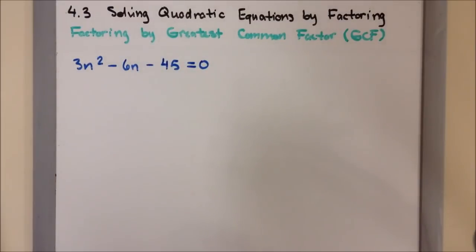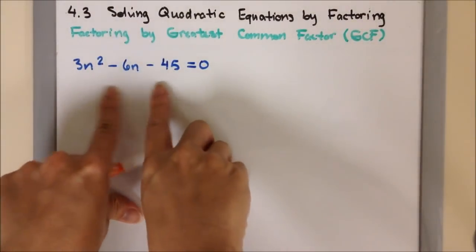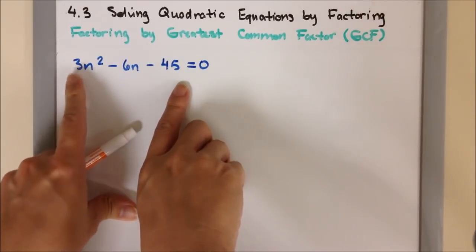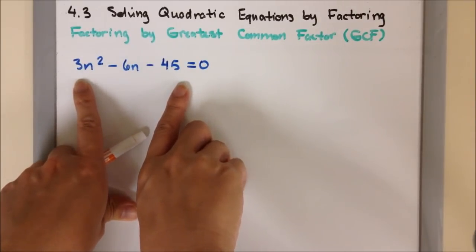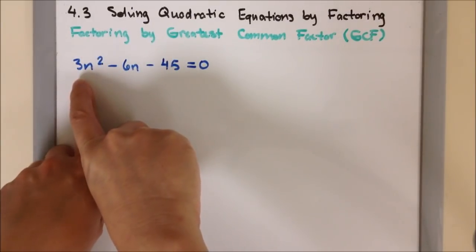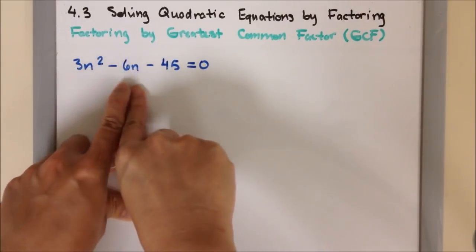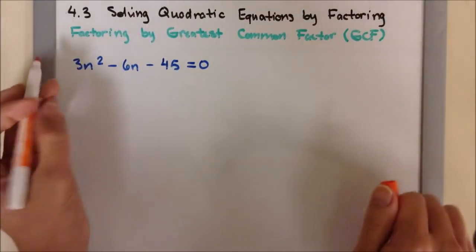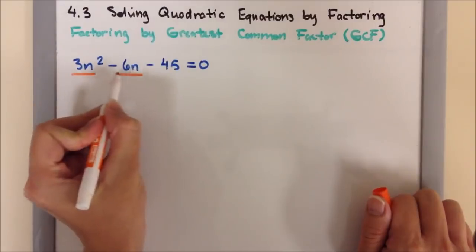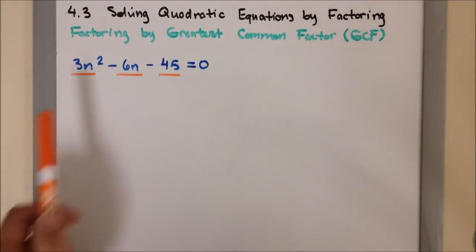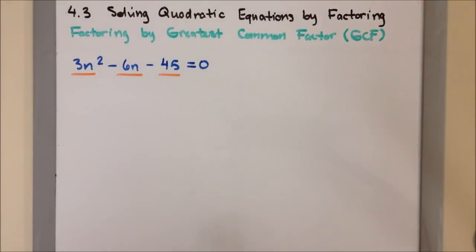So when you have a quadratic equation where A is not 1, you check if you can divide all terms, your quadratic term, your linear term, and your constant term, or basically A, B, C, by a common number.